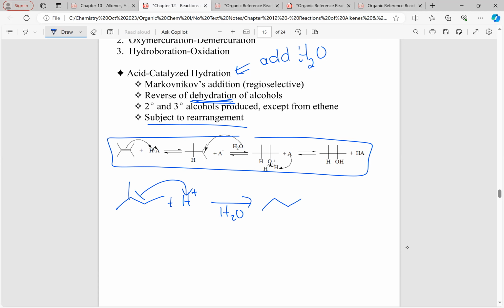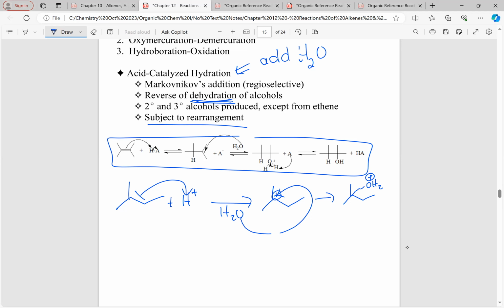And we're going to break the pi bond, and you put two things in its place. So the carbocation is going to go in the Markovnikov spot or the more stable spot. And then surprise, surprise, if there's not another nucleophile, water is going to come in, squiggle, because you have no control.